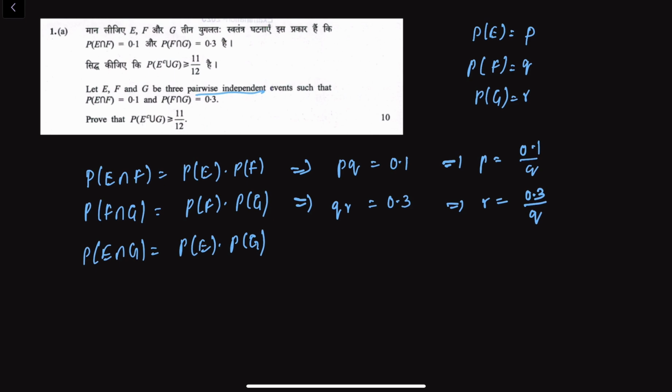Probability of E complement union G is nothing but 1 minus probability of E intersection G complement.